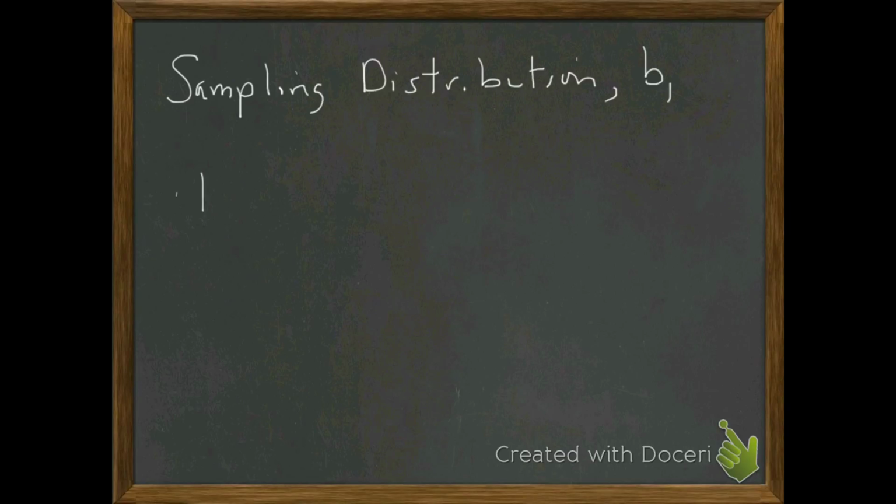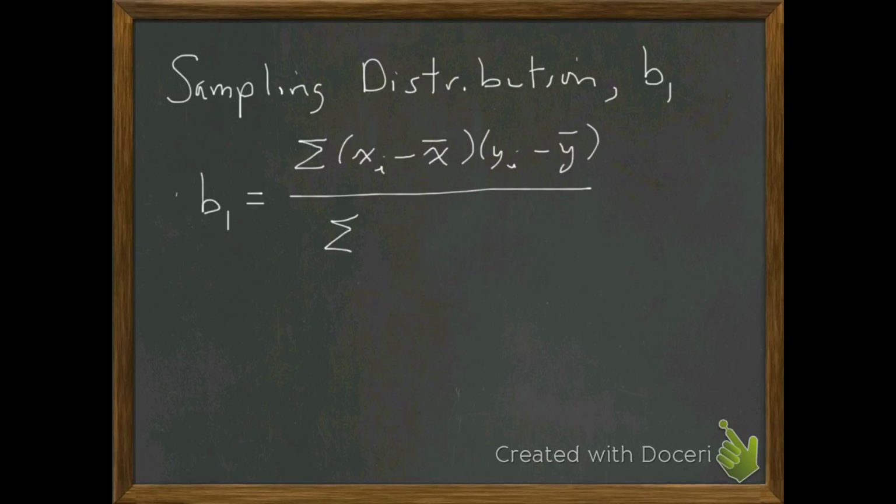Well, previously we know that B1 can be found by taking the sum of the x sub i minus x bars, y sub i minus y bars, divided by x sub i minus x bar quantity squared.